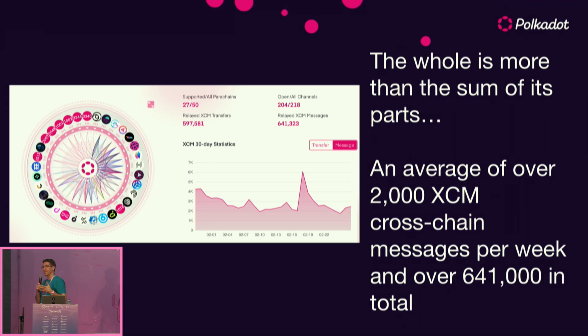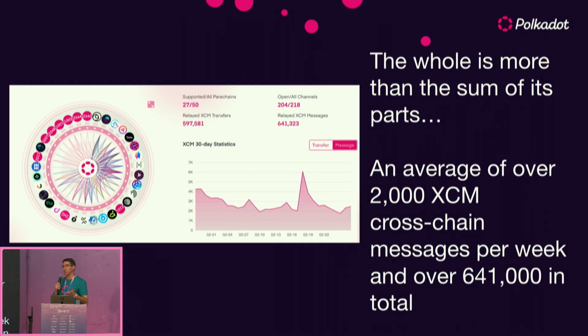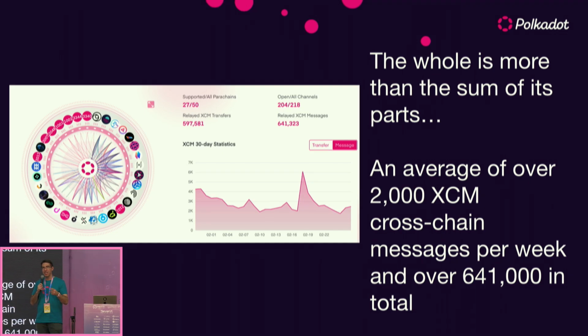The inscriptions craze came to Polkadot last year. We had about 7 million transactions per day on the relay chain, and we were hitting peaks of several thousand transactions per second, and it didn't even impact us enough that the fees got raised.